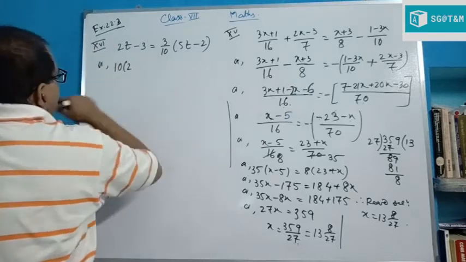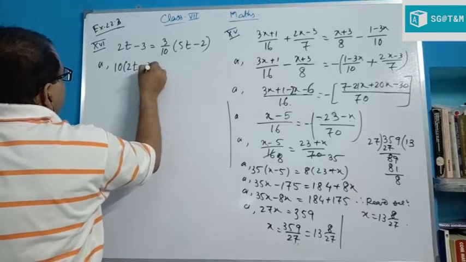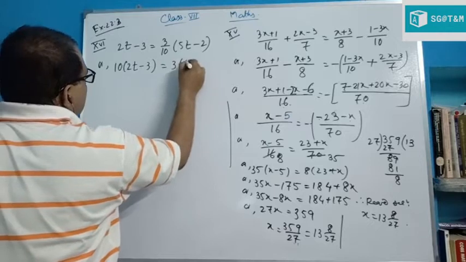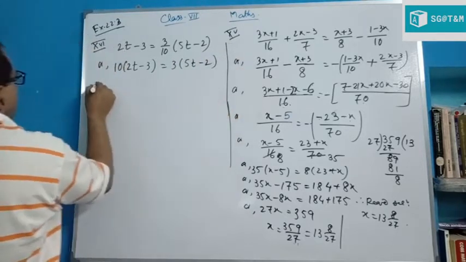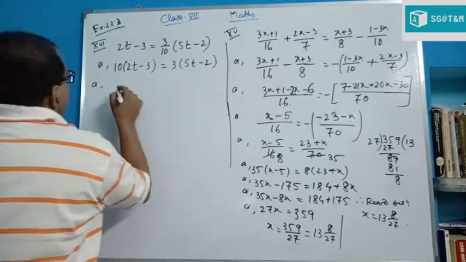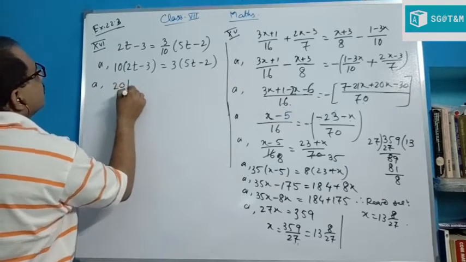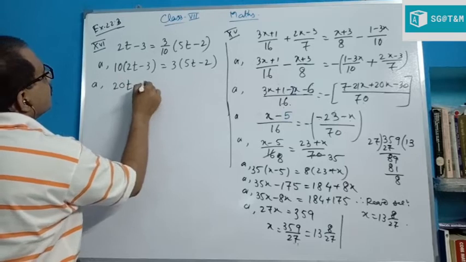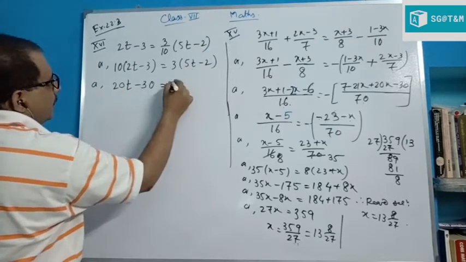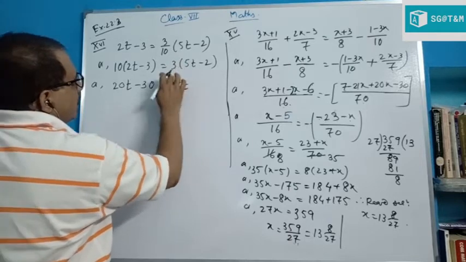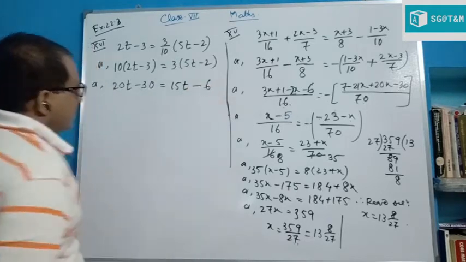So this is multiplied with that: 10 into twice t minus 3 is equal to 3 into 5t minus 2. 10 into 2, 20t. 10 into 3, minus 30. 3 into 5, 15t minus 6.